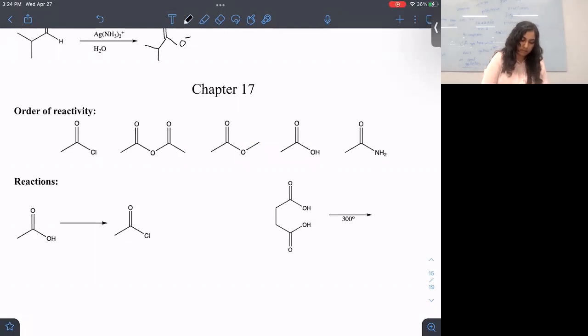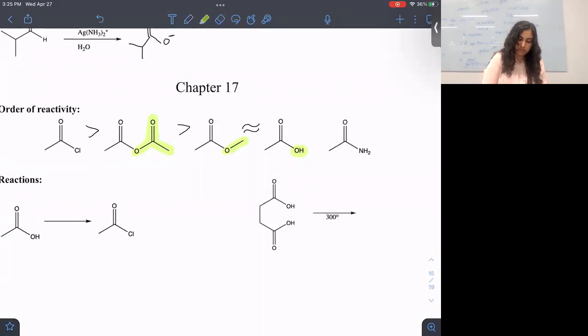So chlorine is the best leaving group, so it's the most reactive. And then your acid anhydride, the leaving group is this thing, which is pretty stable, so it's the next most reactive. Your esters and carboxylic acids, the leaving group is the alcohol and the OH, so that's practically the same, so those have the same reactivity. And then the very worst leaving group is the NH2, so it is the least reactive.